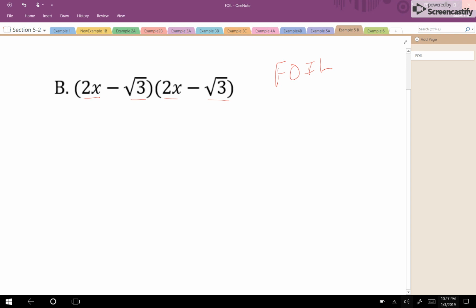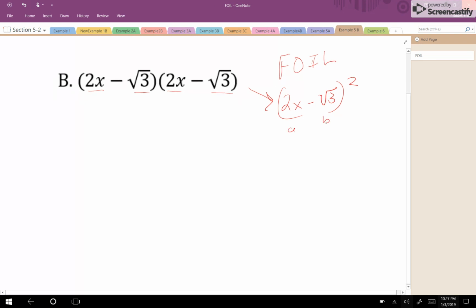You'll notice that this is 2x minus root 3 squared. And with that, this is your A term, this is your B term, so this would be 4x squared minus 4 square root of 3x plus 3 without FOILing.